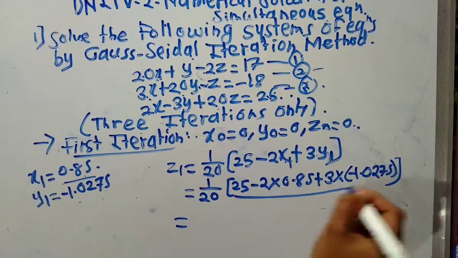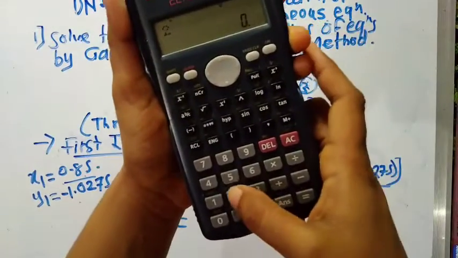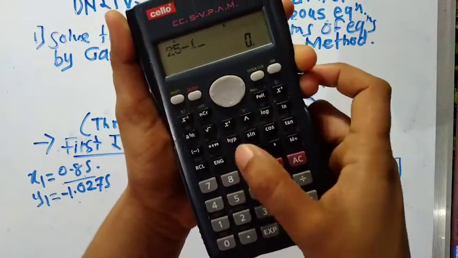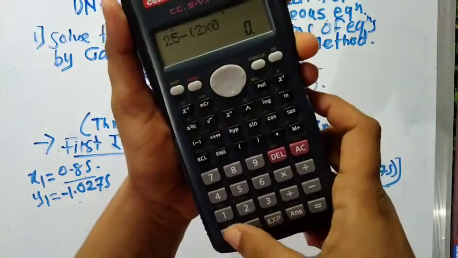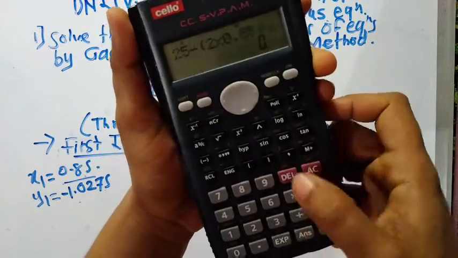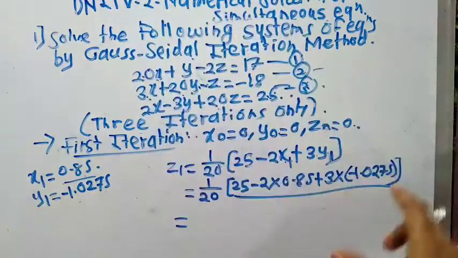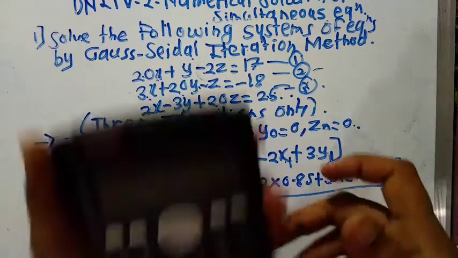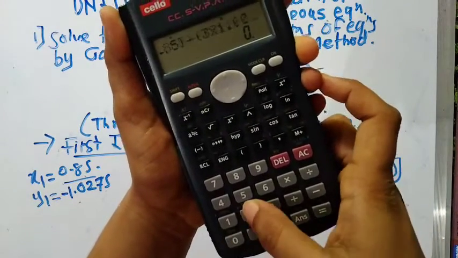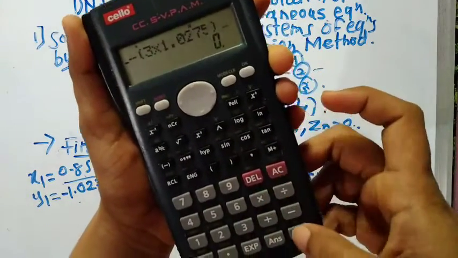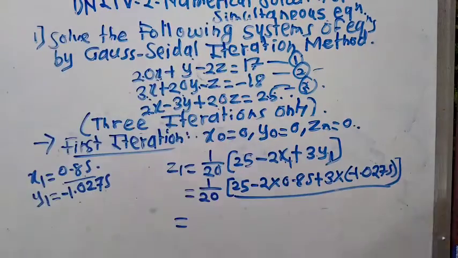Then first find out this value: 25 minus 2 into 0.85 minus 3 into 1.0275, which is equal to 20.2175.